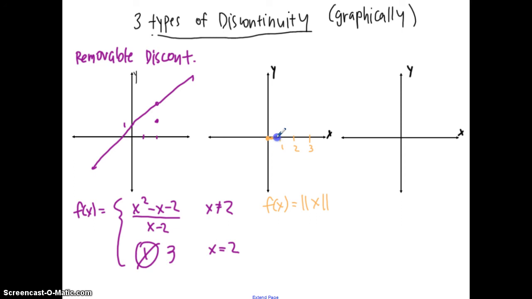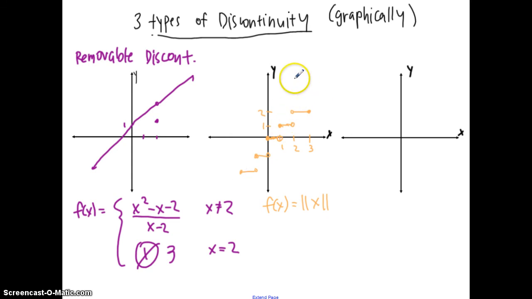Except when I plug in 1, it will give me an output of 1. 1.1, 1.4, 1.5 would still round down to an output of 1. At 2, it will now jump up to 2 because 2 is the next integer. So it looks like a little step function. And integers, remember, include negatives.